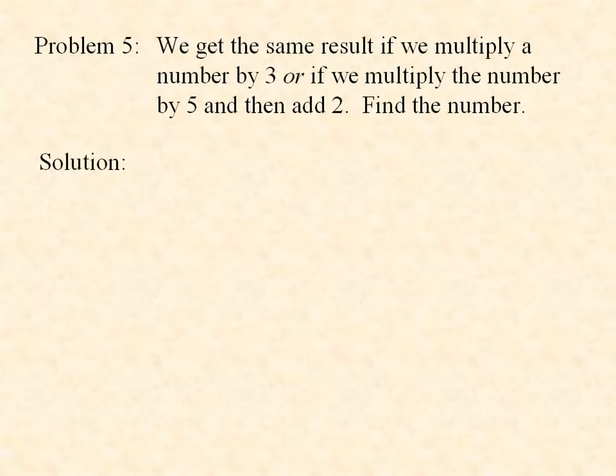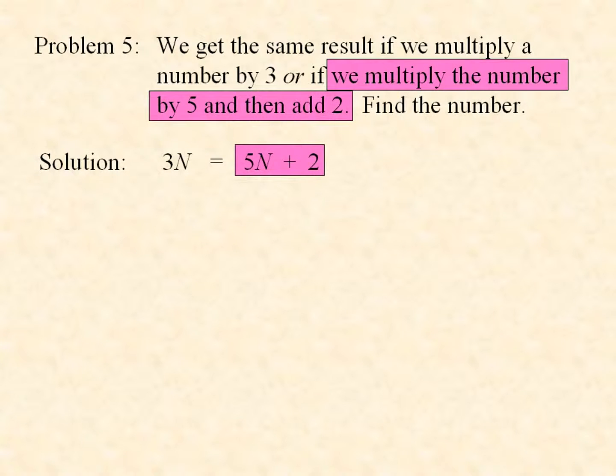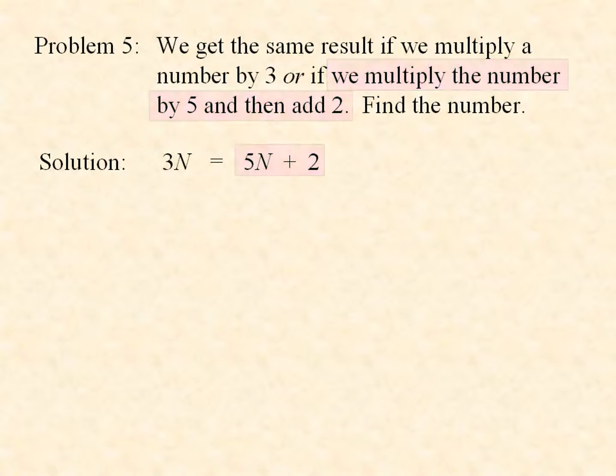If we multiply the number by 3, that's 3n, we get the same result, so that means the result equals what we get if we multiply the number by 5 and then add 2. So that's equal to 5n plus 2. So there's our equation. 3n equals 5n plus 2.